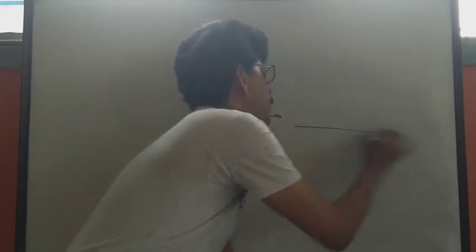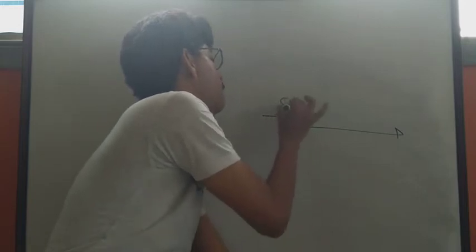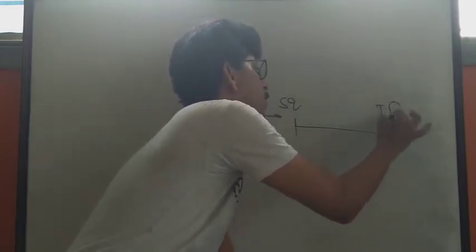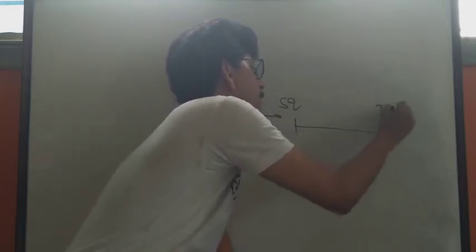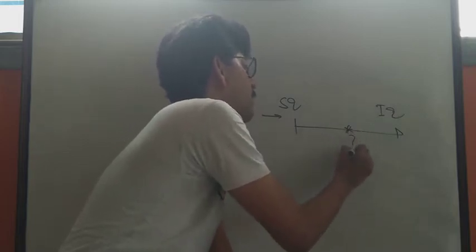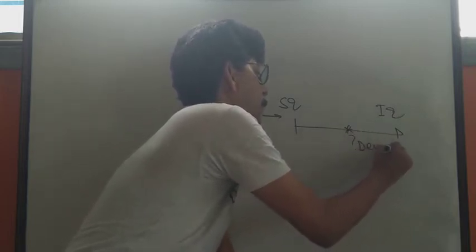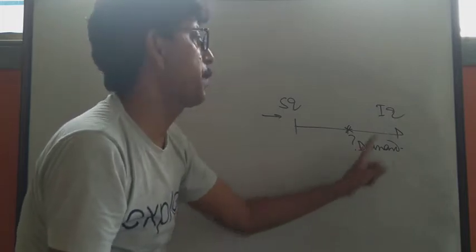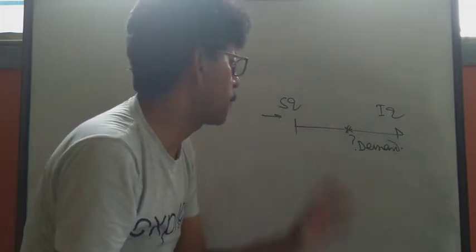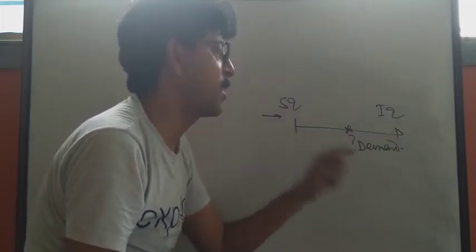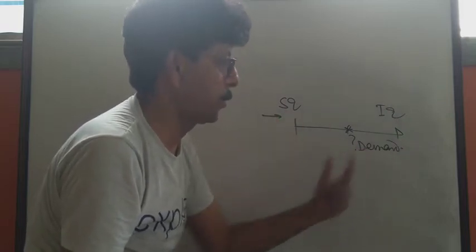Now, you already know the principle of allegation: there are two varieties, one superior quality and one inferior quality, and the demand is for something in between. This is the demand, and it has to be between this and this. In any proportion you mix, it cannot be more than this and cannot be less than this value.